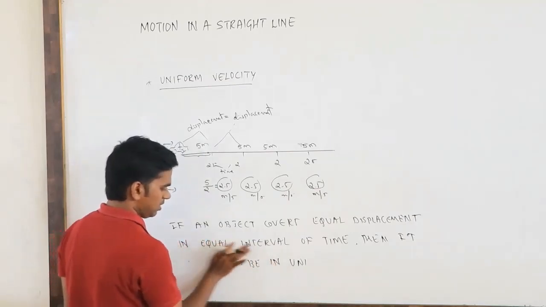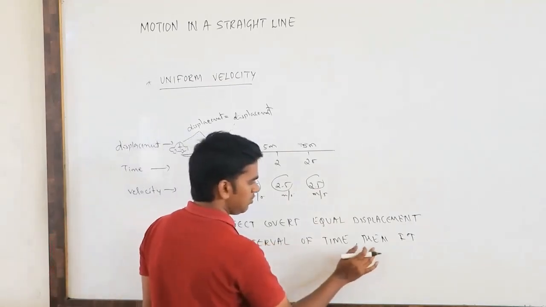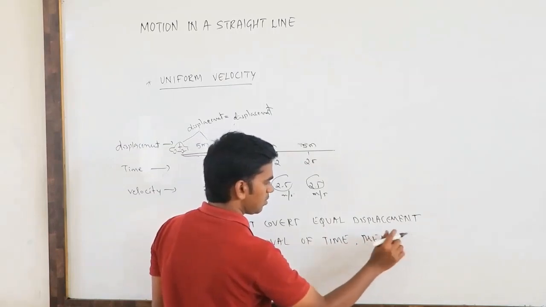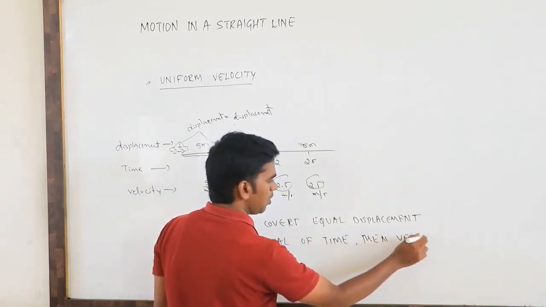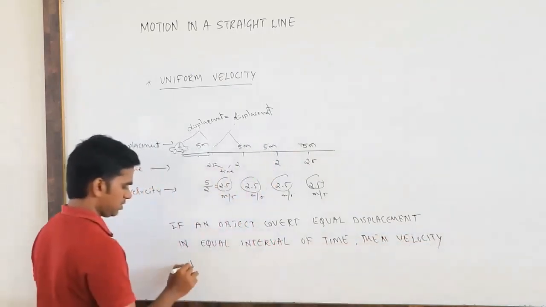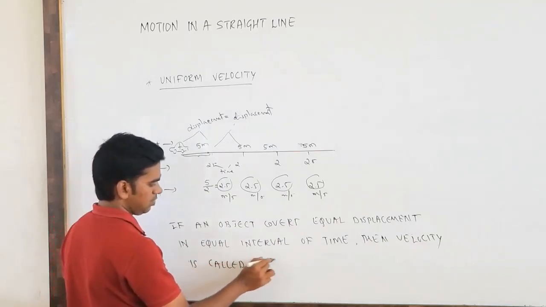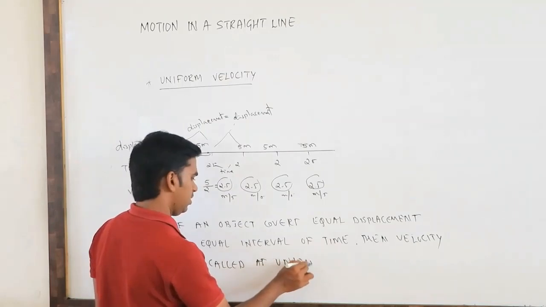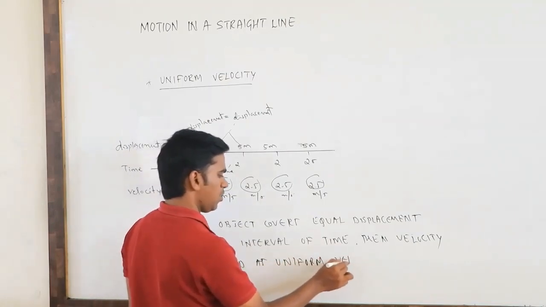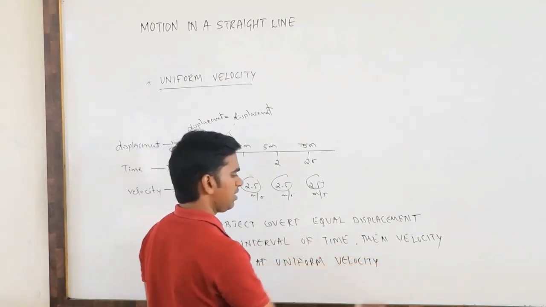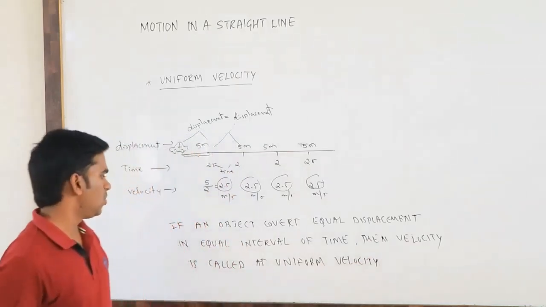Or then the motion is called uniform velocity. However you want, you can change the definition.